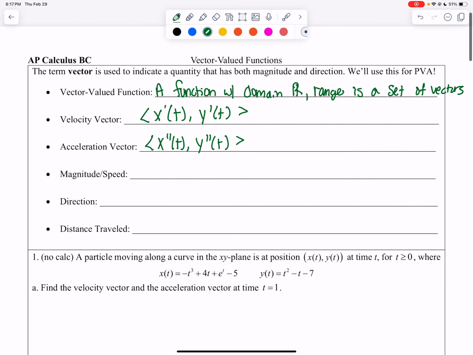Magnitude and speed. So this is going to be velocity. And remember that this is magnitude, so don't confuse it with absolute value bars. So this is going to be the square root of dx dt squared plus dy dt squared.